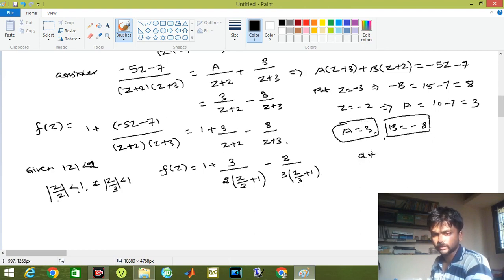The structure of the binomial series expansion will be a plus b whole power n. It will involve two terms, one term and another term, and it will have the exponent n.